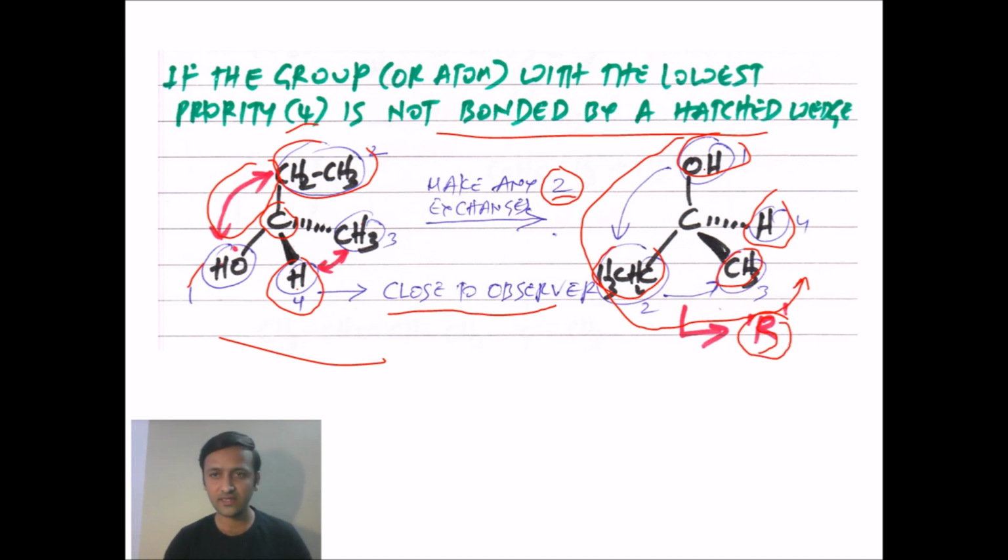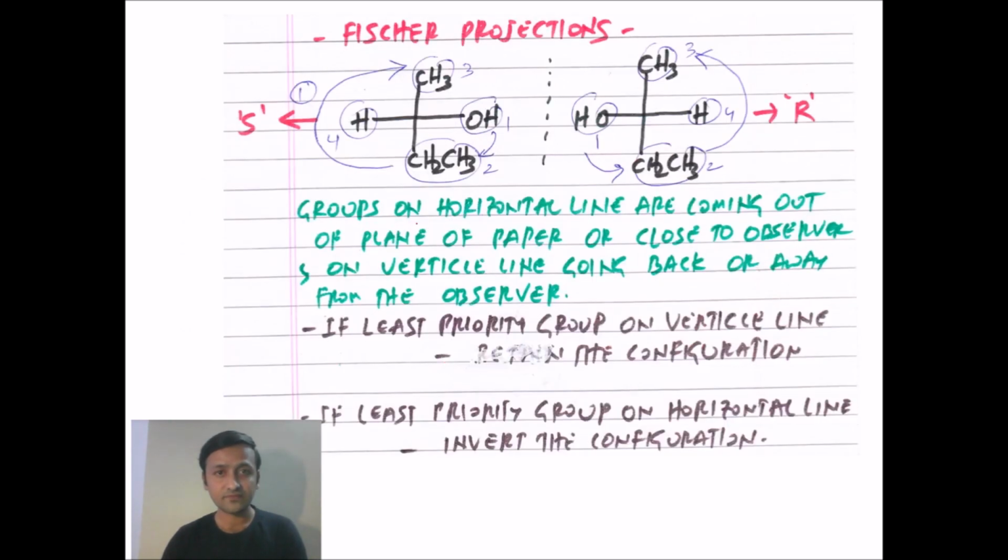You can see here OH is 1, the second one ethyl is 2, and the third one is methyl. So it's moving in anti-clockwise direction, and hydrogen is also away from the observer, so we can assign it as S configuration, right? So the next one now.